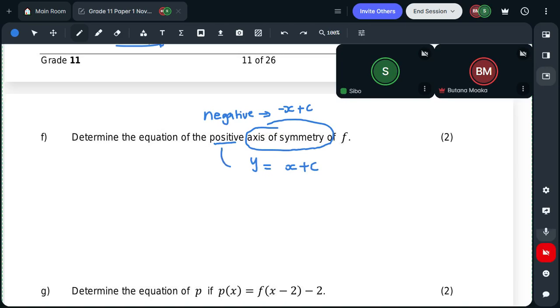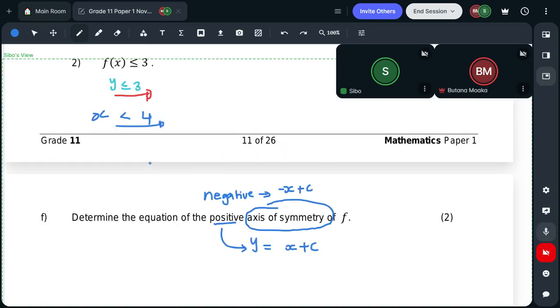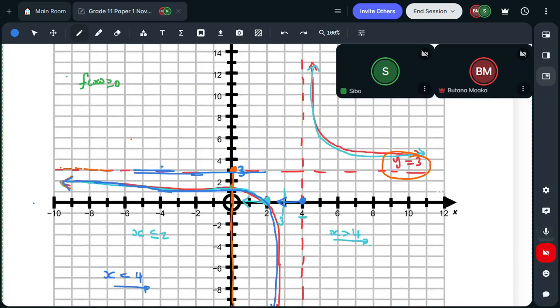Then for positive it is this one. Then you write down the coordinates of your asymptote, which is this point. This is where the axis of symmetry will pass, where it has a positive gradient.